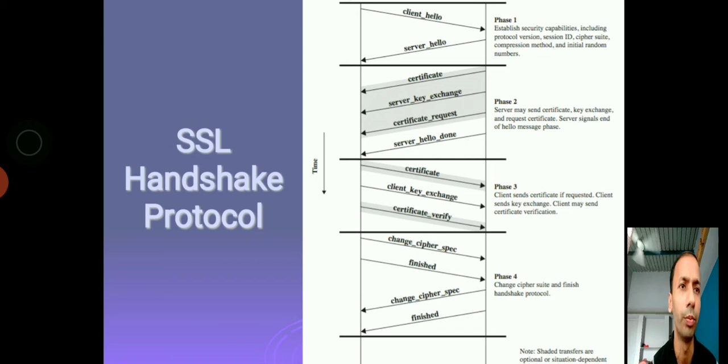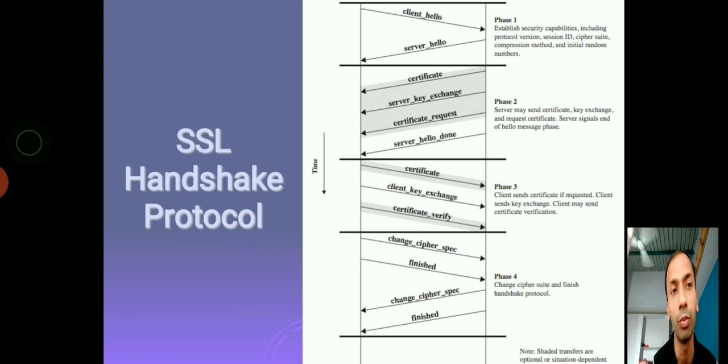Then phase 4. Now in phase 4, what will happen? Once the identity of client and server is verified and some security parameters are negotiated and decided, then all these parameters are now copied from the pending state to the current state.